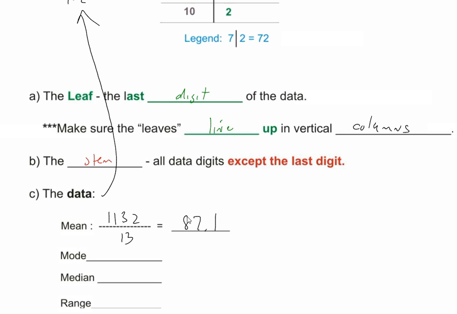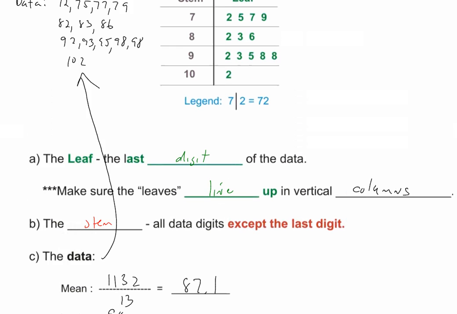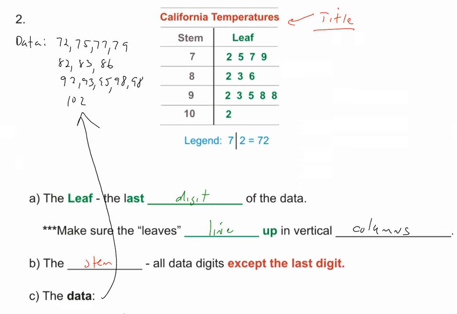All right, we already said the mode was 98, right? Okay, how about the median? If there are 13 pieces of data, which one is the median? Luke? 86. Well, which out of 13 pieces, which numbered piece?